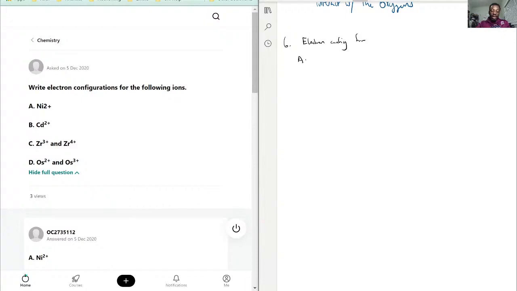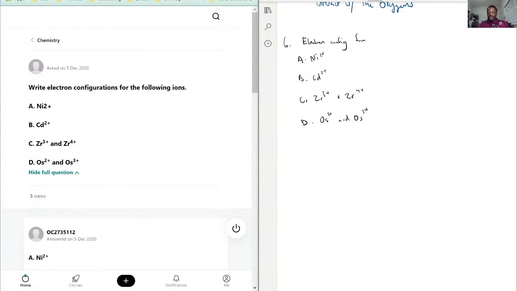We're given A, nickel 2+, B, cadmium 2+, C, zirconium 3+ and zirconium 4+, and D, osmium, I think, 2+ and Os3+. Okay. So let's start with the nickel first.